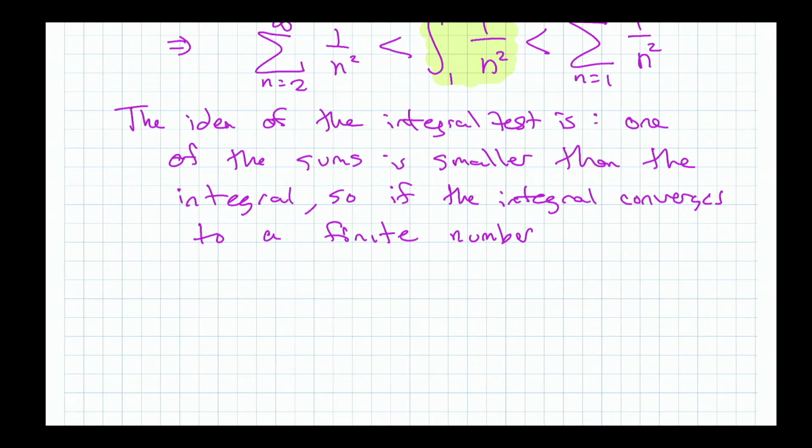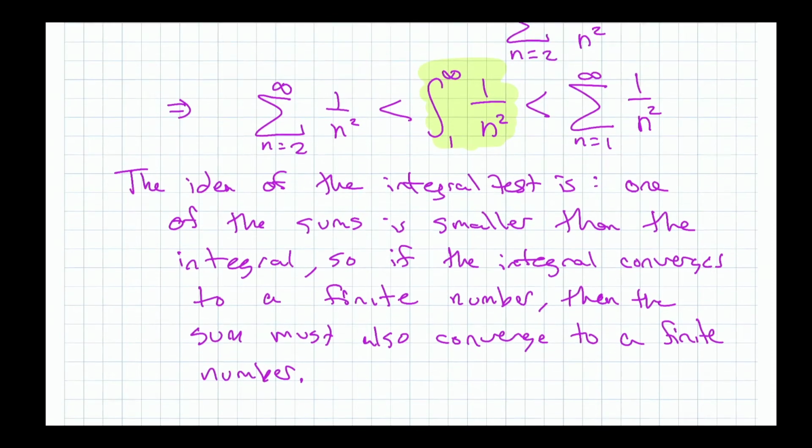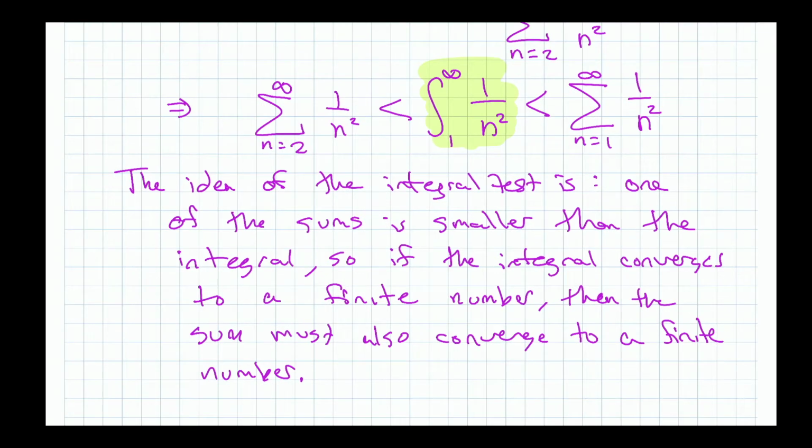That's the idea. Then the sum must also converge to a finite number because of how closely they are related. And that's not a real proof of the theorem or anything, but that's the idea, okay?